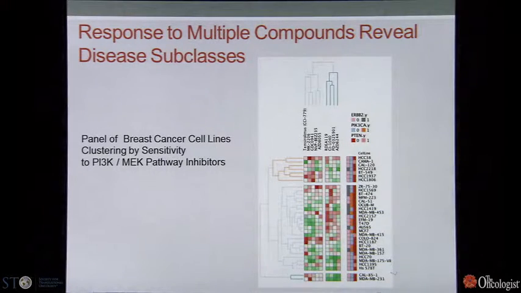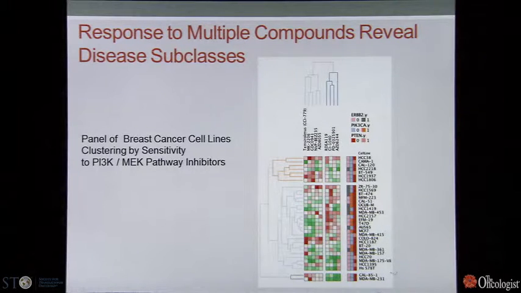And so one of the things that we can do here is we can take several types of inhibitors that are targeting canonical pathways that we know are important for a given type of cancer, such as, for example, TOR PI3K pathway inhibitors or MEK inhibitors and RAF-MEK inhibitors. And we can see whether or not we can distinguish different phenotypic behaviors in the cell collection.